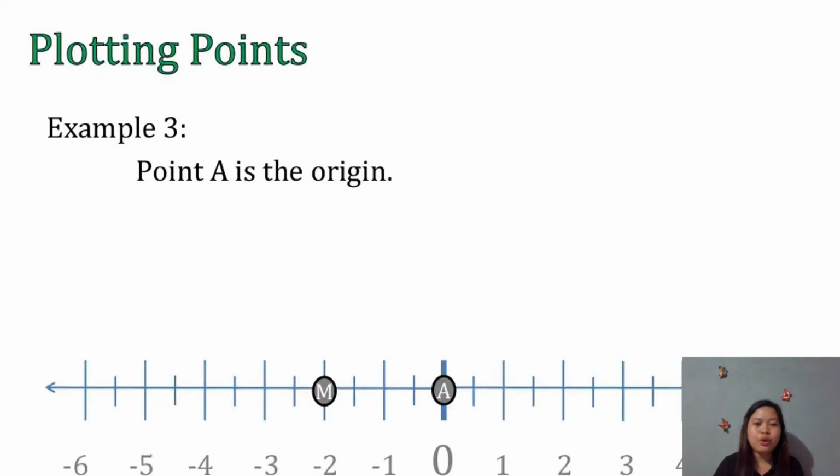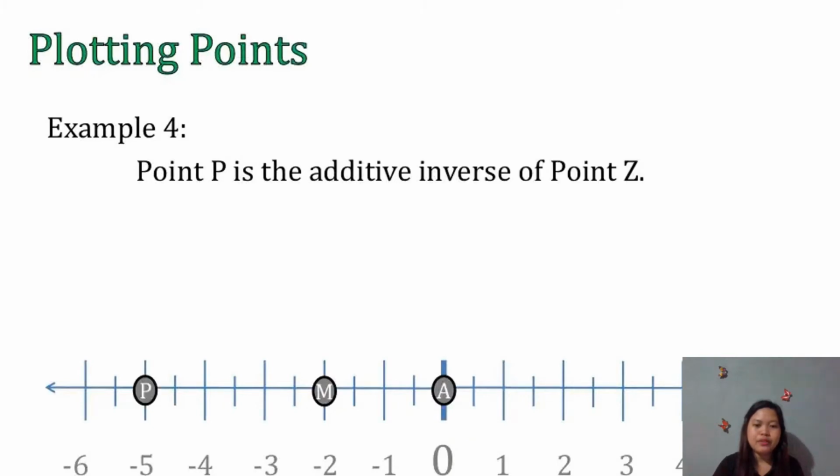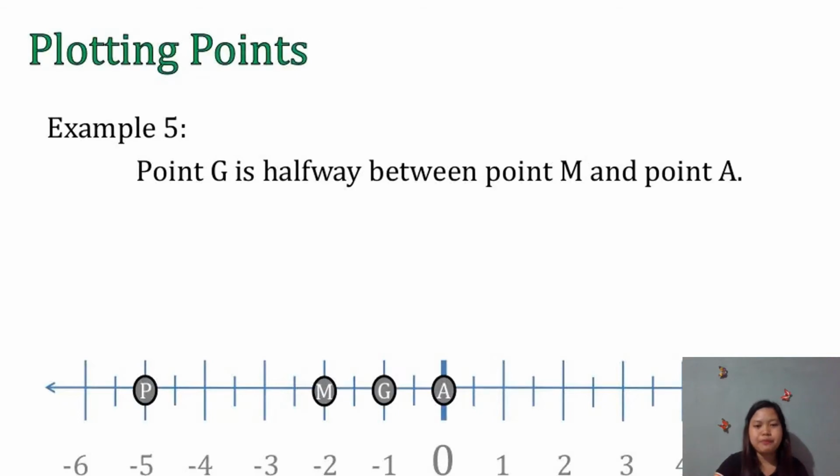Point A is the origin. So we have here origin is 0, right? The center. So we have there point A. Point P is the additive inverse of point Z. So again, point P is the additive inverse of point Z. So we have there point Z is 5. So our point P is negative 5.